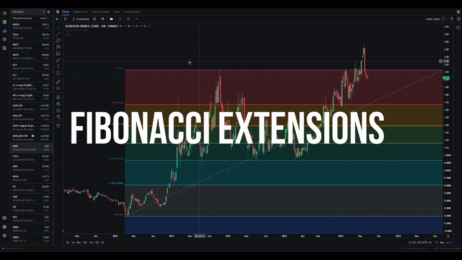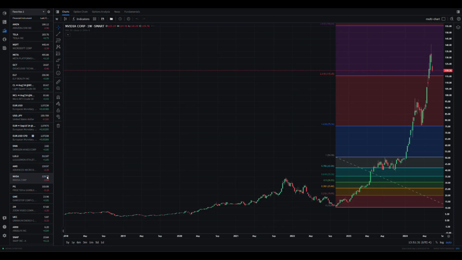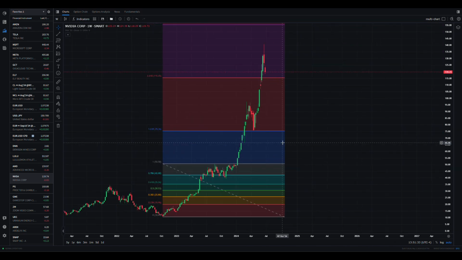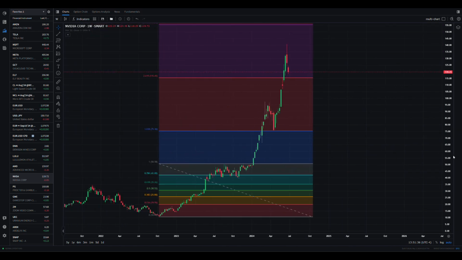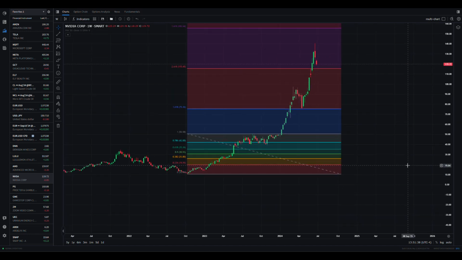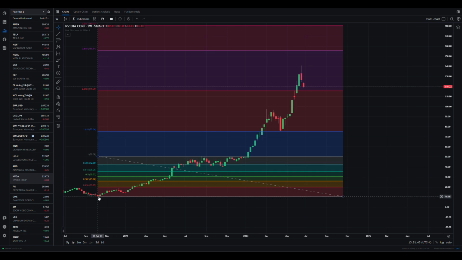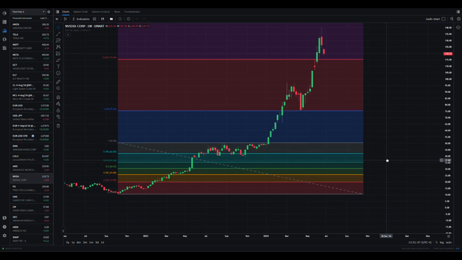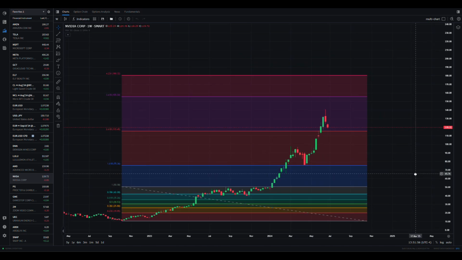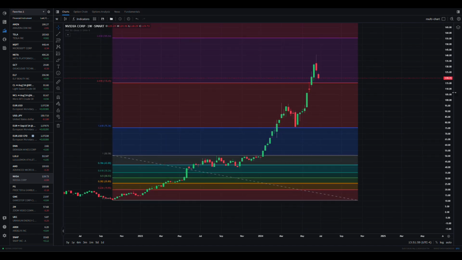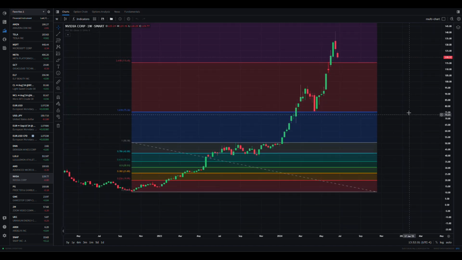While Fibonacci retracements forecast where potential support and resistance may be, Fibonacci extensions are used to forecast potential future price targets beyond the current price action. To apply Fibonacci extensions, traders identify significant price moves and plot Fibonacci extension levels, typically 127.2%, 161.8%, 200%, 261.8%, and 423.6% on the chart.